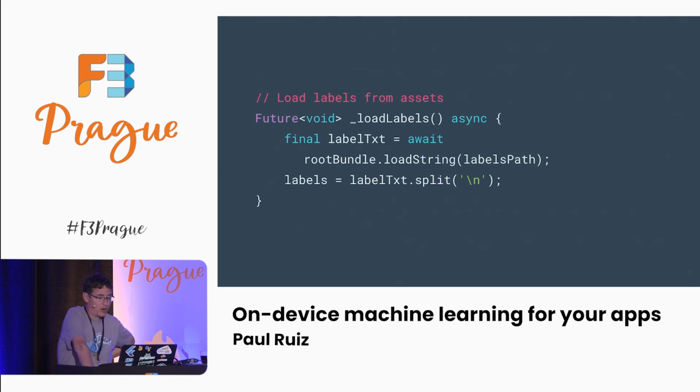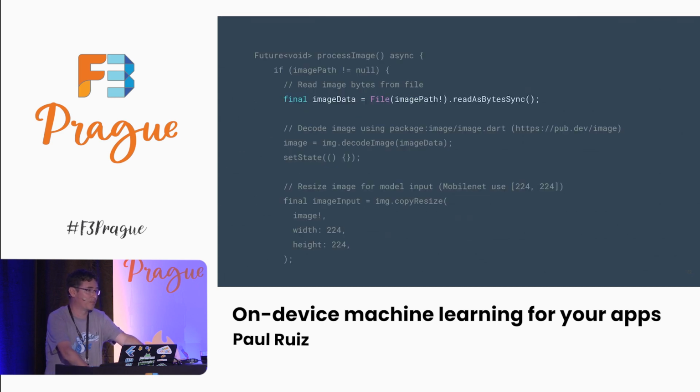While we created the interpreter already and we defined the output tensor shape, a set of numbers in a giant array just doesn't really tell us much. So to make this more valuable, we can load in a labels file that maps each index to the returned confidence score. And then next you're going to need to get an image prepared for classification.